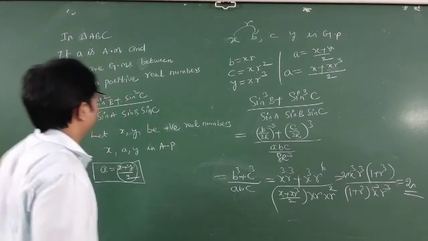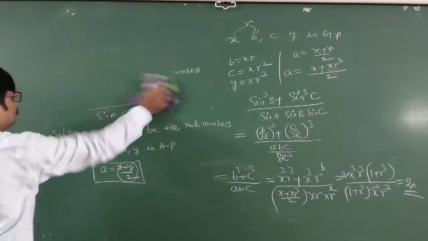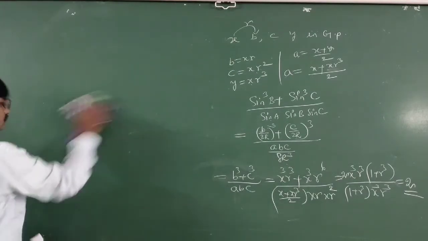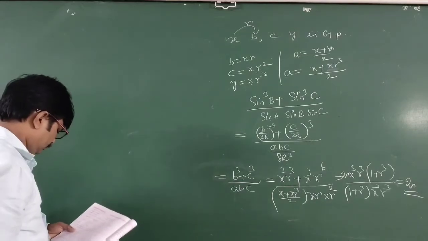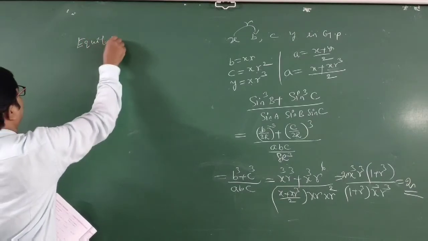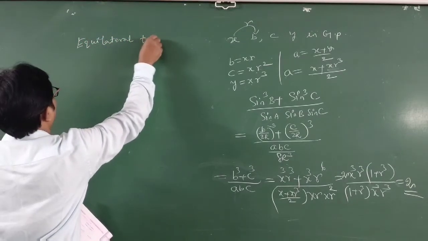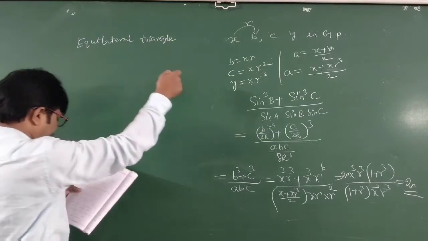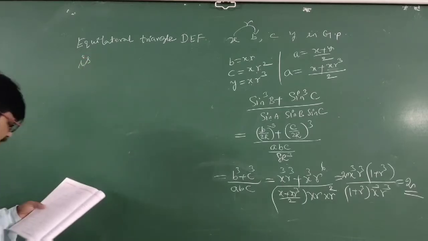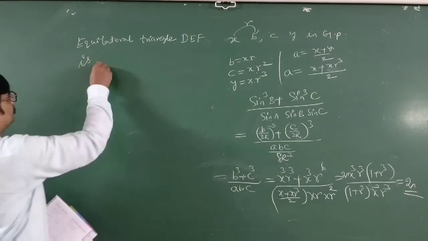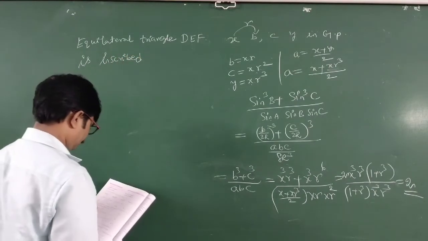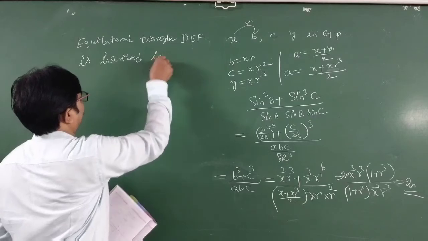Now write another question, students. Equilateral triangle DEF is inscribed in an equilateral triangle ABC, as shown, with DE perpendicular to BC.